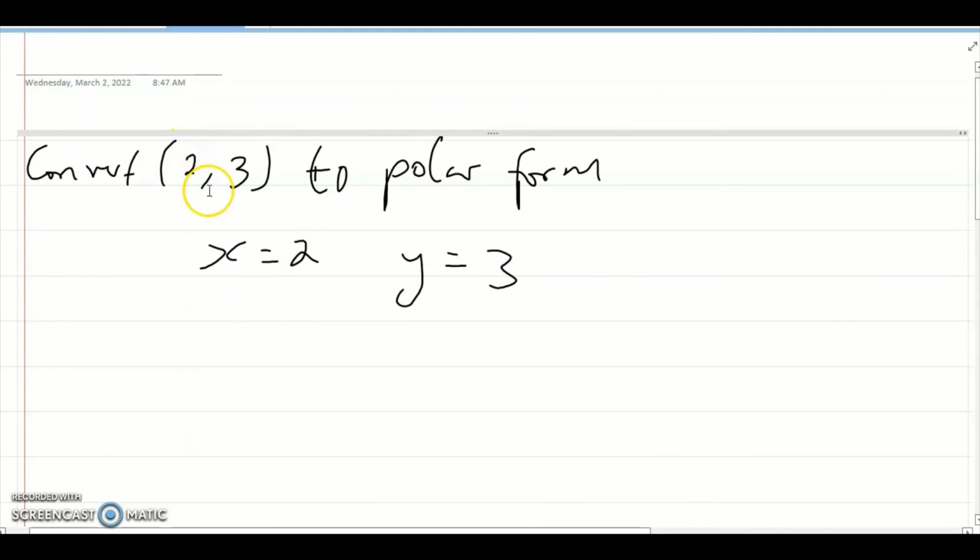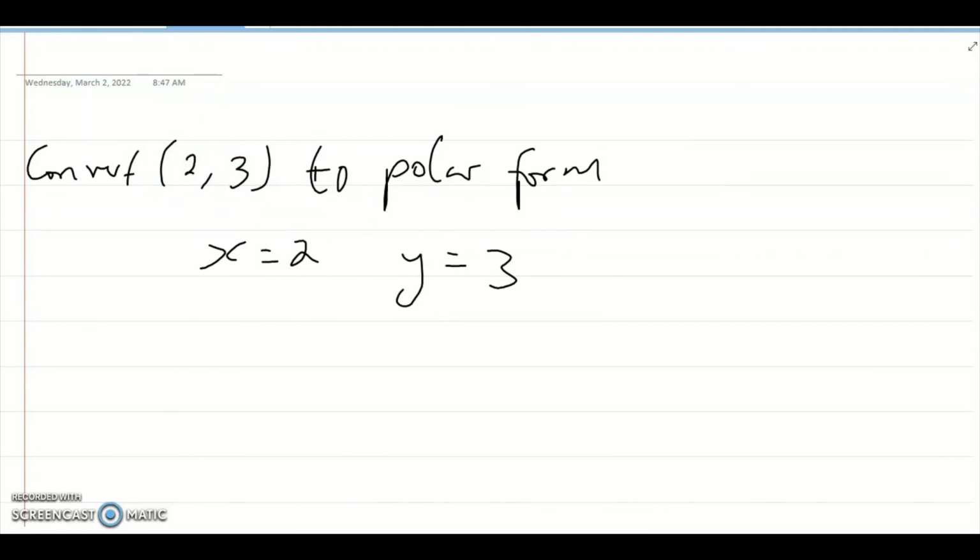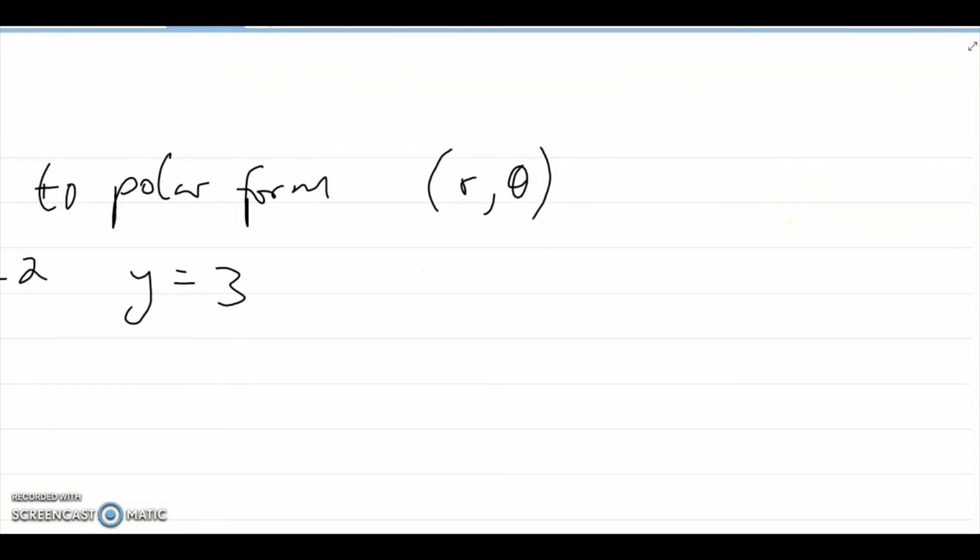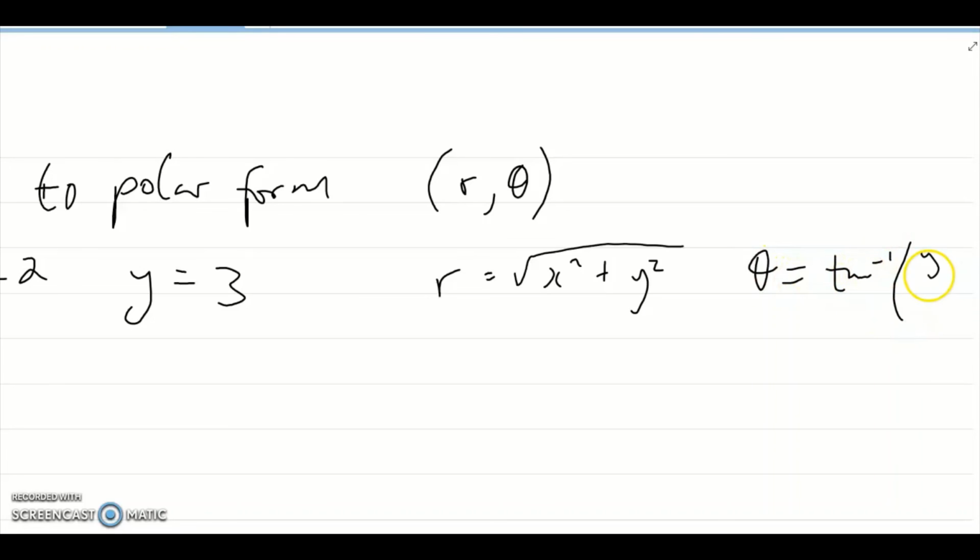Remember we said that in polar form the points are (r, theta), and the theta should be in radians or in degrees. So basically we're sticking to our formulas. We know that r equals root of x squared plus y squared, and theta is tan inverse of y over x.